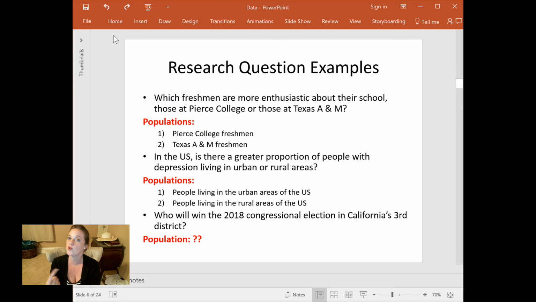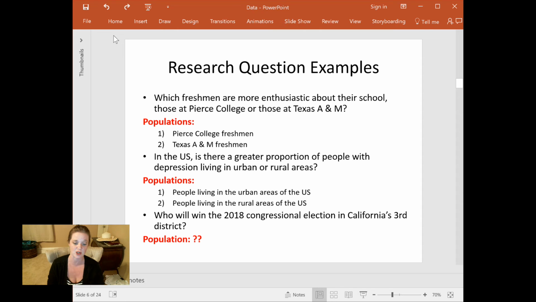So let's go through a couple other examples and see if we can identify our populations of interest. And sometimes it's fairly easy, and sometimes it's a little more challenging. But a researcher's first job is to identify and define really well the population or populations he or she is interested in. That's your first job. Who do you want to know about? And identify and clearly define that population.